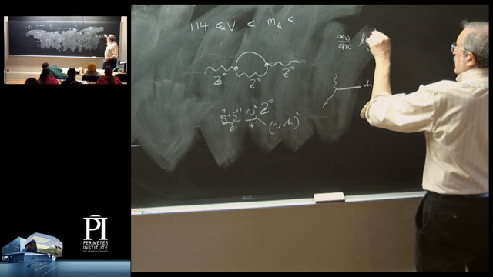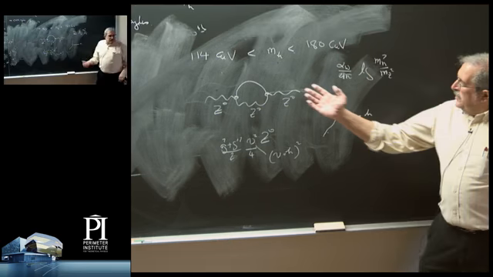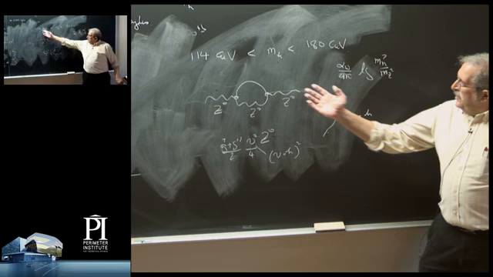And so that puts a limit on the Higgs mass, and that limit is quite strong. It's about 180 GeV up here. So if the standard model is correct, and we haven't discovered the Higgs yet, which we haven't, then the Higgs lies in this relatively narrow region between 114 and 180 GeV.